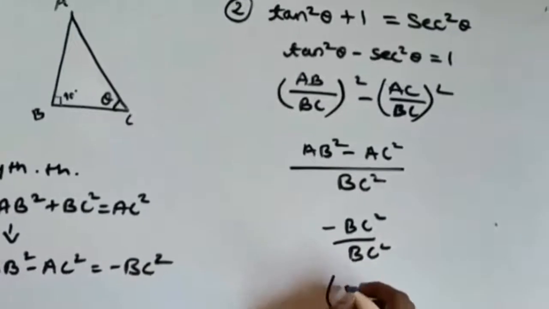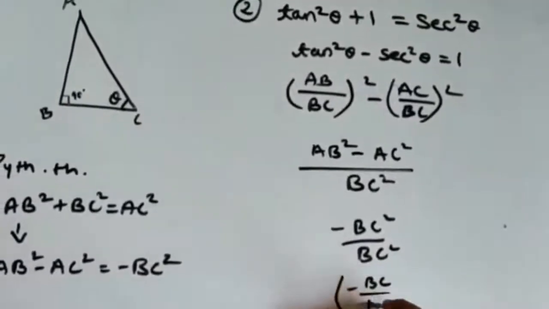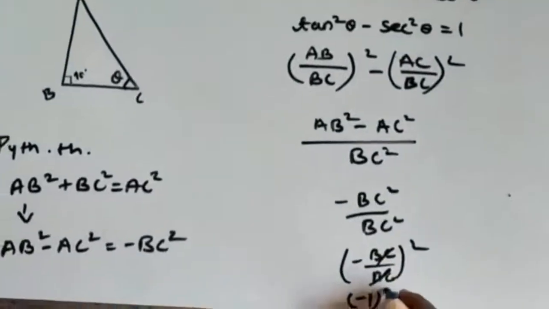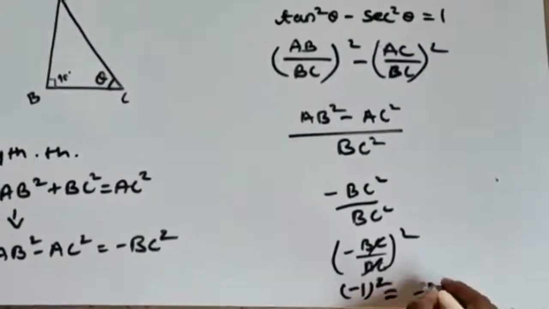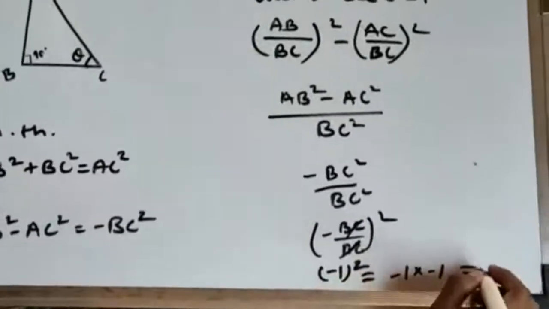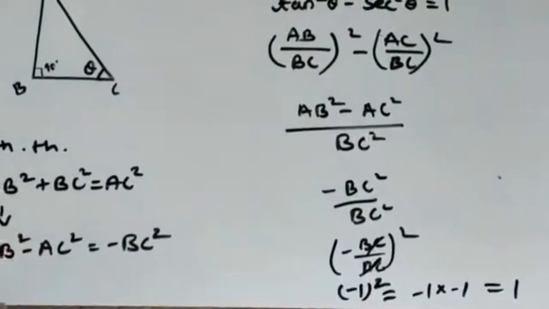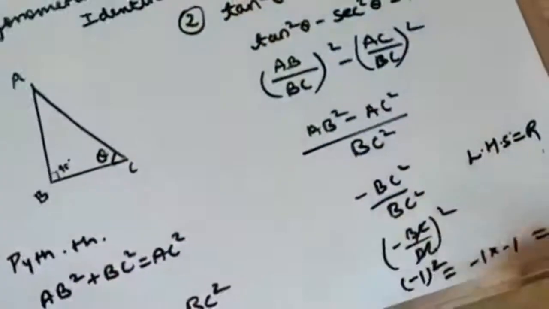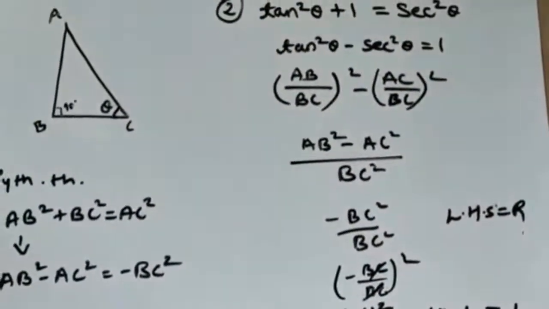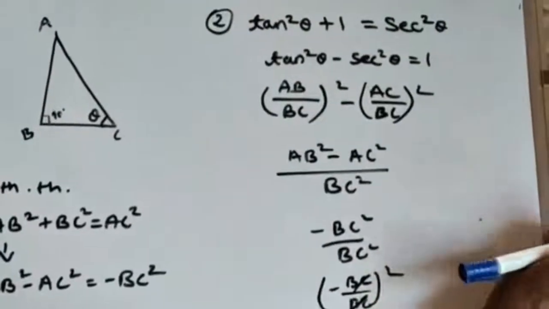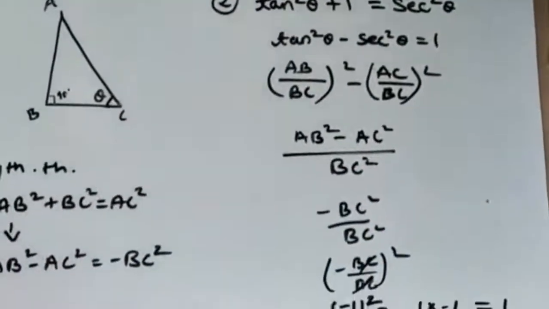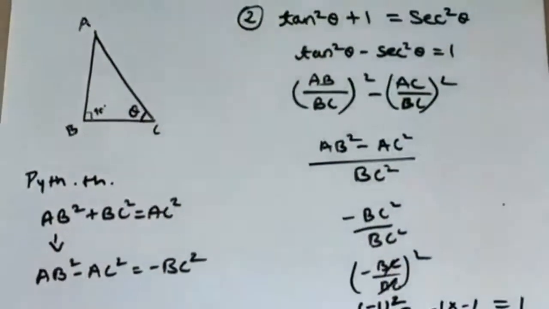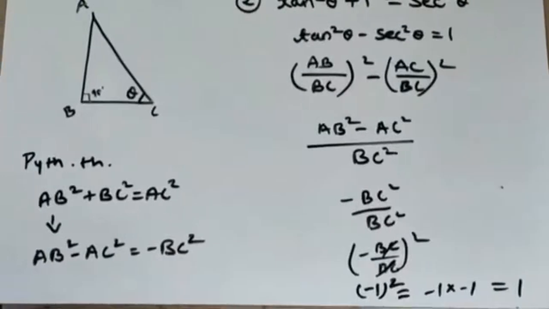So minus BC upon BC square is nothing but minus 1 square, which will be minus 1 into minus 1 is equal to 1. So in this way LHS is equal to RHS, and we have proved the second identity, that is tan square theta plus 1 is equal to sec square theta.